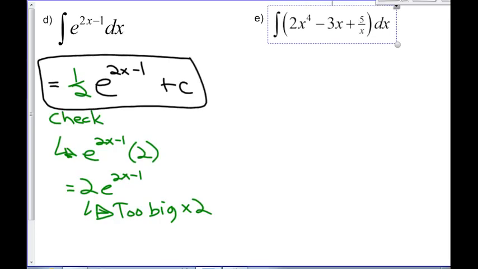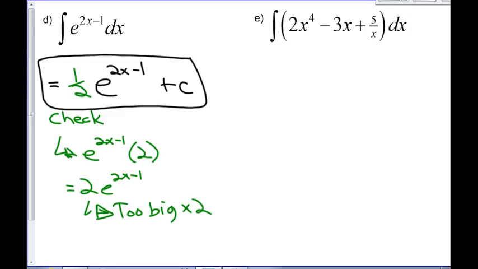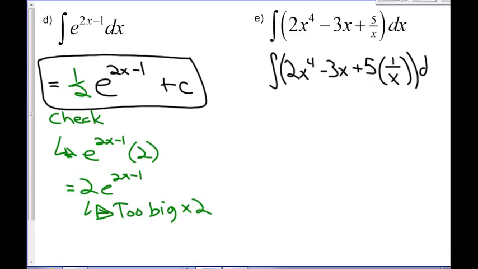One last one. We have 2x to the 4 minus 3x plus 5 over x. Now, sometimes people find those 5 over x's tricky to think about. So I'm going to rewrite it this way. Plus 5 times 1 over x. So that I hopefully won't miss the fact that there's a 1 over x involved.